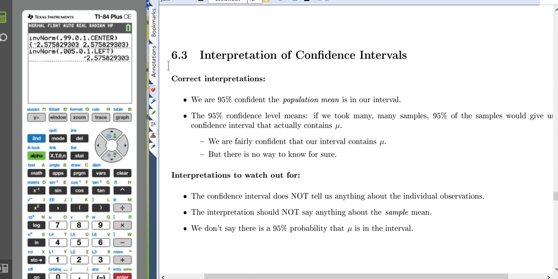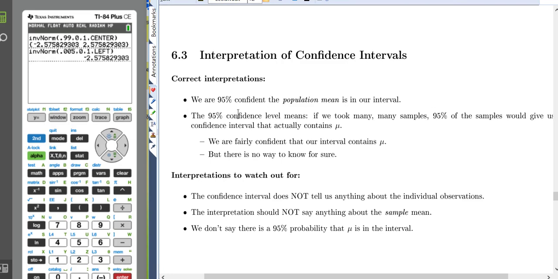Okay, and this leads us into correct interpretations of confidence intervals, because the most important thing you can leave this class with is how to interpret it correctly. Calculators will calculate everything for you. You have to be able to interpret it. So the correct interpretation is we would say something like, we are 95% confident that our population mean is in our interval.